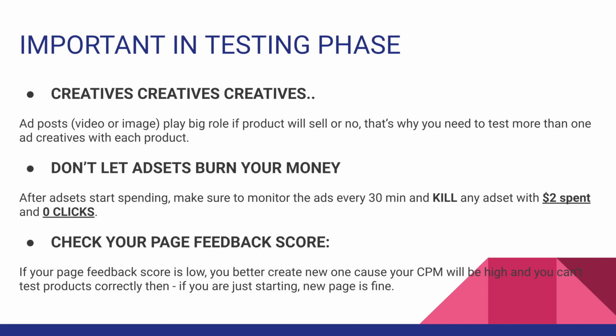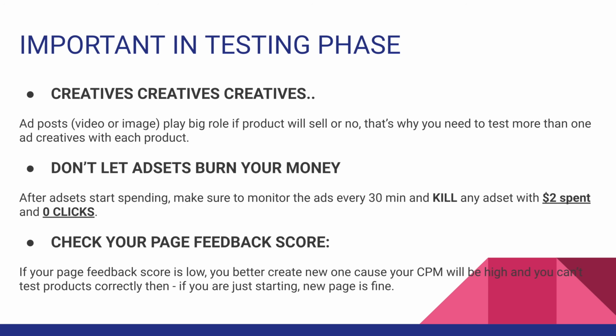So after ad sets start spending, make sure to monitor the ads every 30 minutes or less and kill any ad sets with $2 spent and 0 clicks. Okay, just go ahead and kill it, because if you don't, the ad spend will be higher, and the cost that you will get testing a product will be higher, and I don't want you to make this mistake. Okay, so do this so you can test a product with less costs.